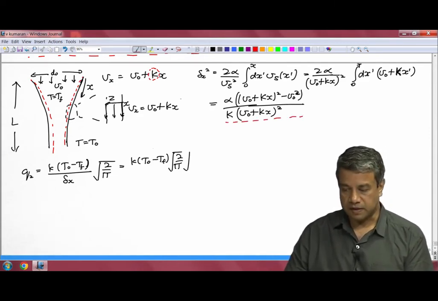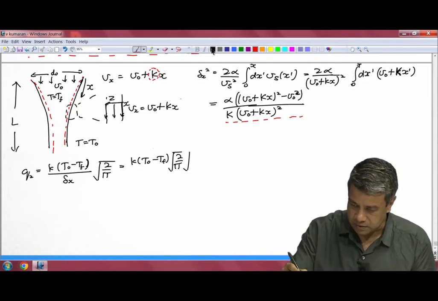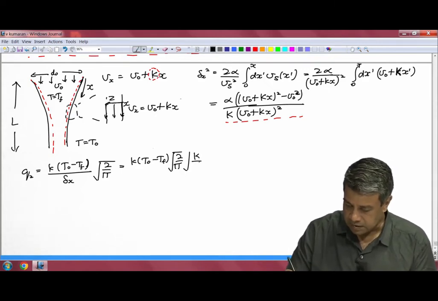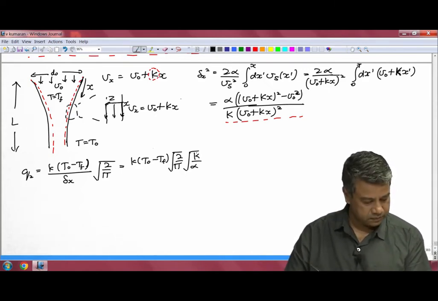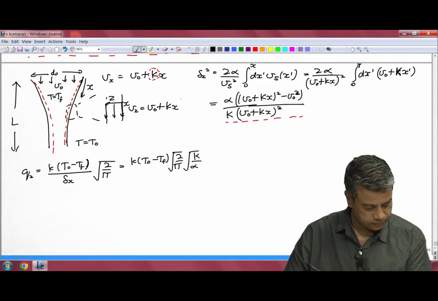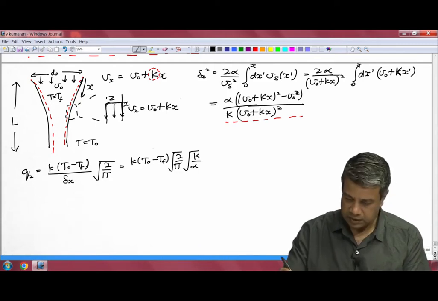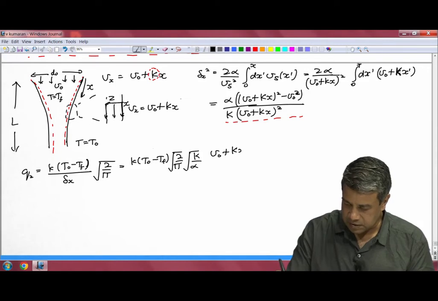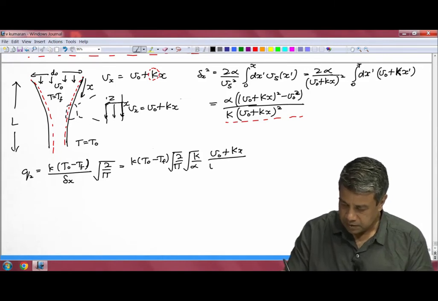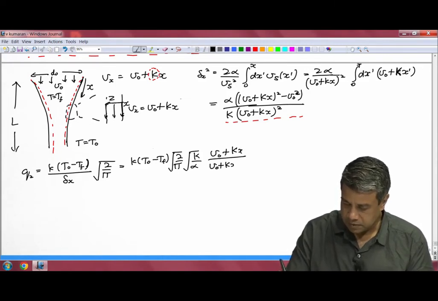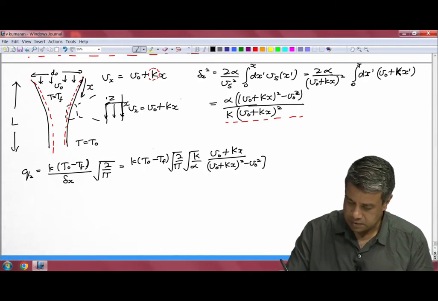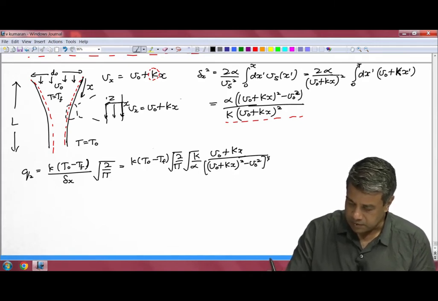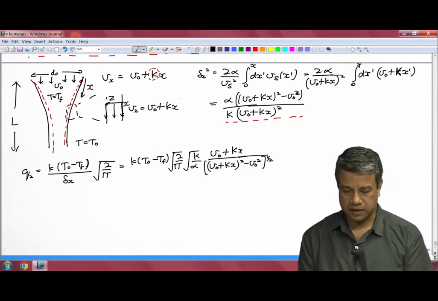I have to take 1 over delta. So, I will get 1 over square root of alpha by k into V naught plus kx the whole square minus V naught square, whole to the half power. Okay, that is 1 over delta x.